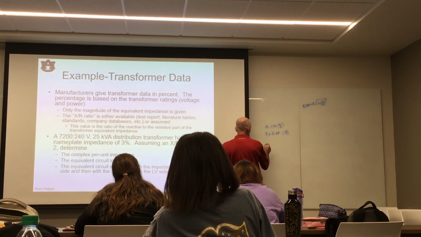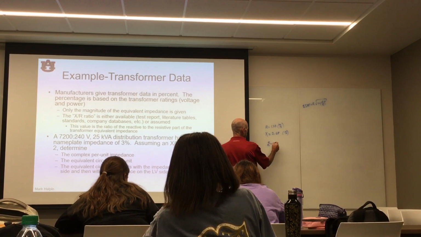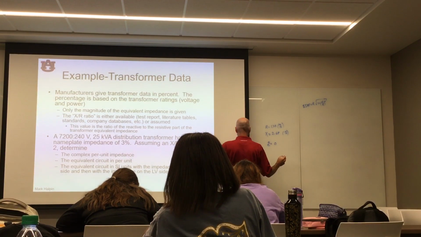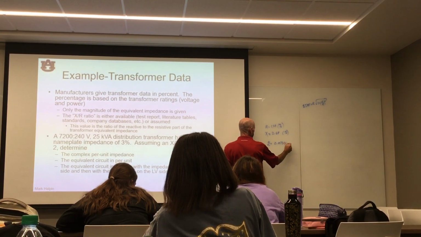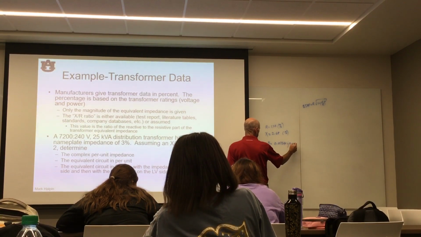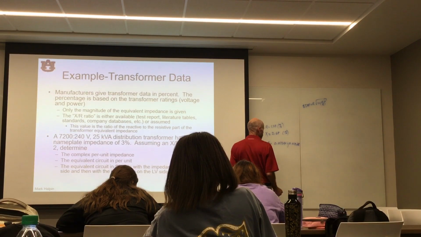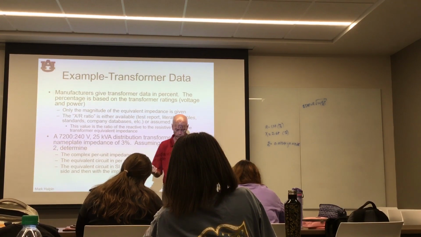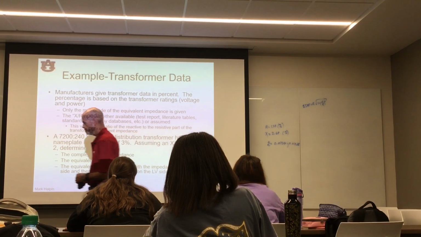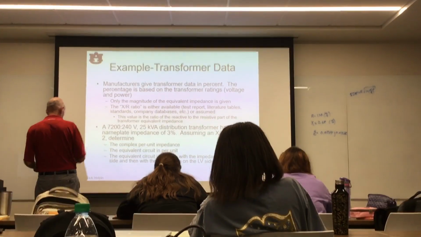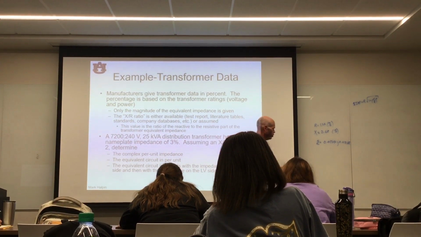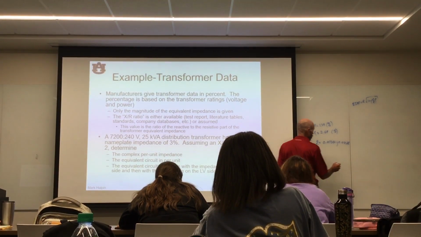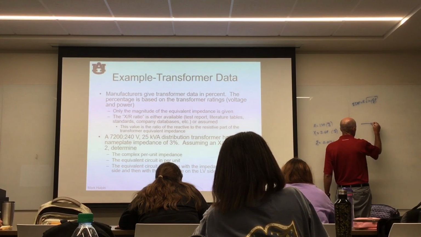So, if I now want to talk about Z complex, and it says do it in per unit, that's going to be 0.0134 plus j0.0268. Shazam, done. If we want to draw the equivalent circuit in per unit, well now remember, in per unit, the ideal transformer is gone, so the equivalent circuit is just going to look like this.